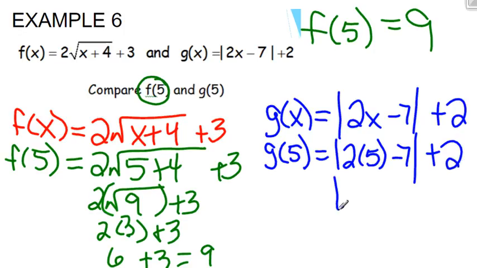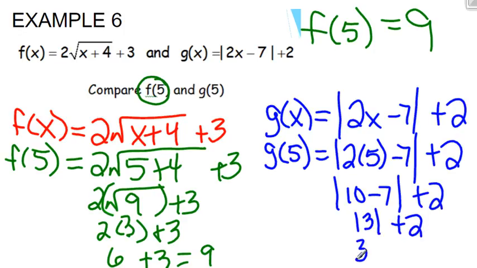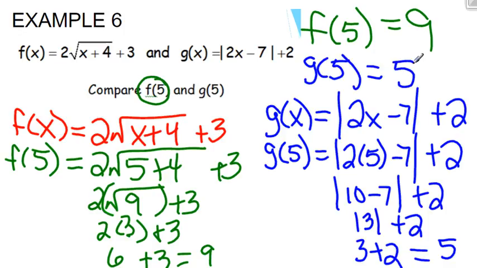We start inside the grouping symbol, so that's 10 minus 7, absolute value, plus 2. So I have the absolute value of 3 plus 2. So that is 3 plus 2, which equals 5. So g of 5 equals 5. Okay? Go ahead and pause the video if you need to copy down any of that work, because I'm going to need to clear it so that I can finish the problem.